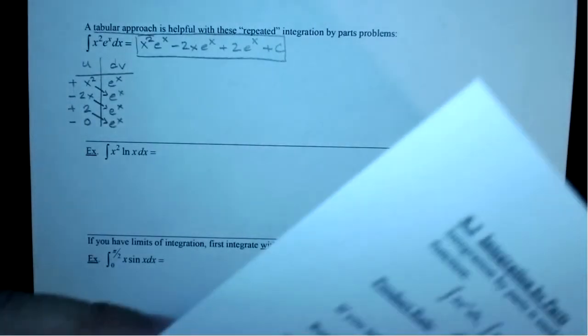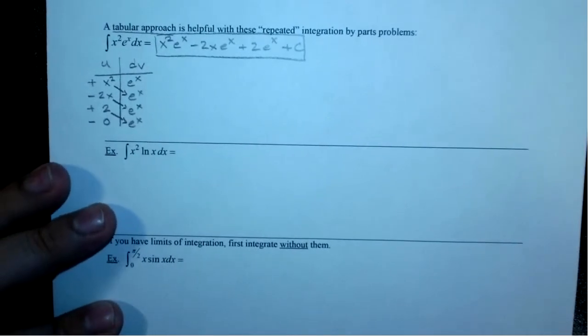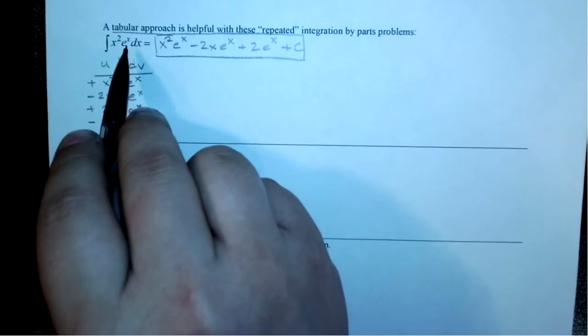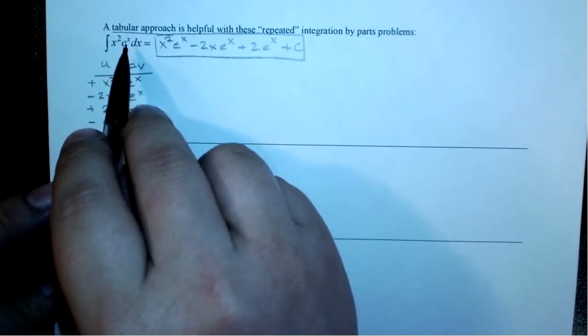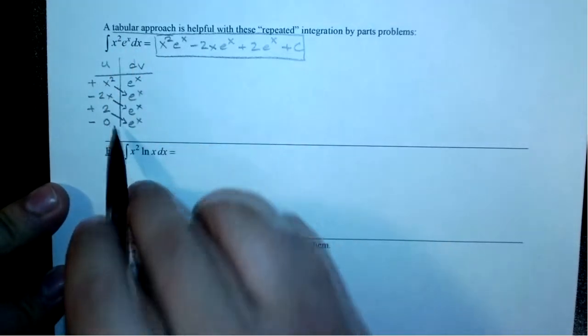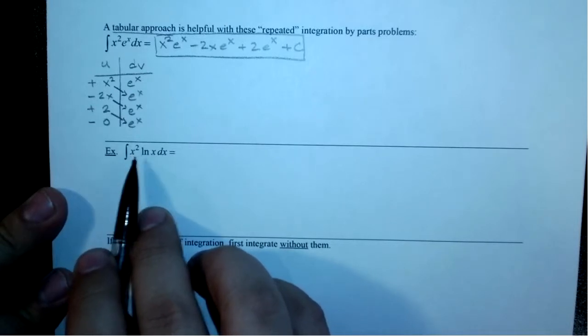Now, what's the catch? Well, you can only do the tabular method whenever your u is a polynomial of some sort. And typically, you want to have a nice function on the right that you can integrate over and over and over again.